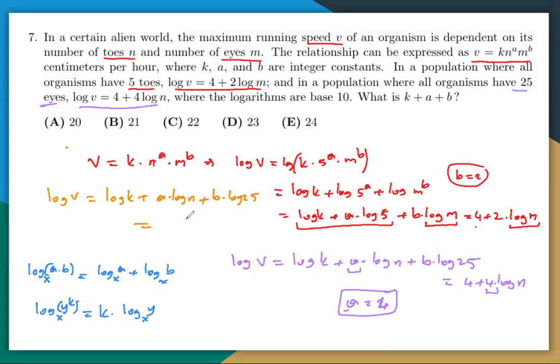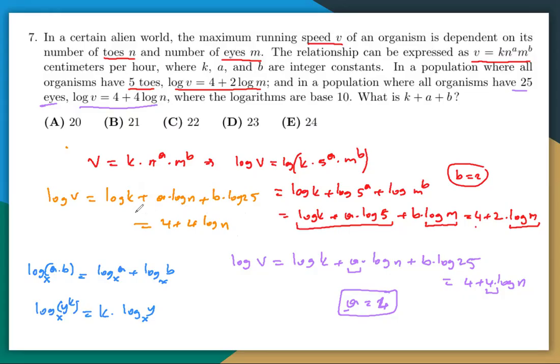This was equal to 4 plus 4 log n. From here, we know a is 4, and b is 2, so maybe we can plug those in.